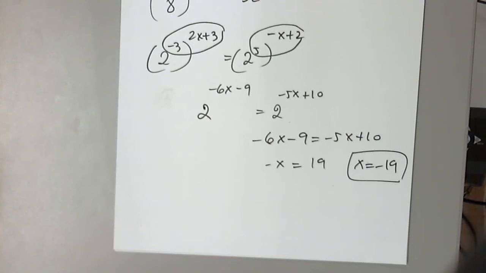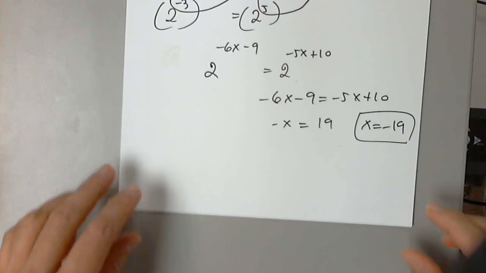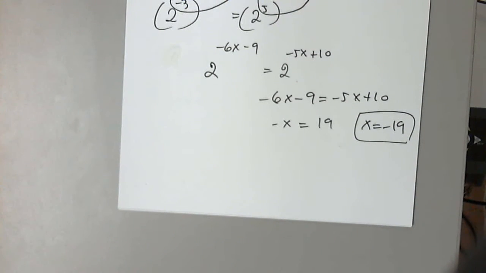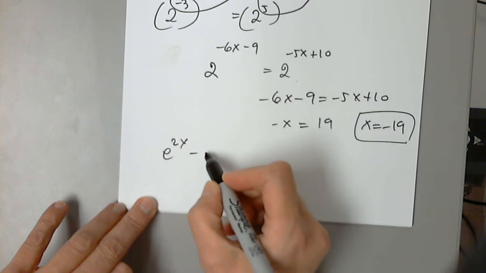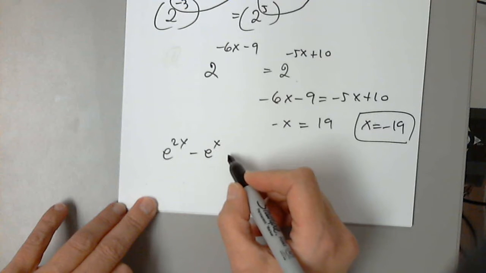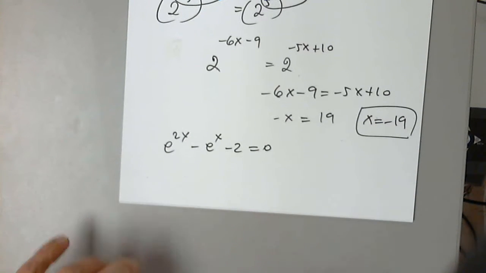Okay, here's the next level of difficulty. You can say, what's this? Well, it's still an exponential equation.